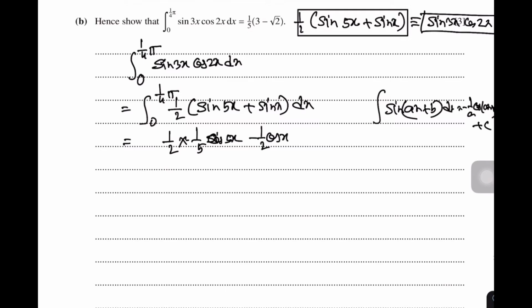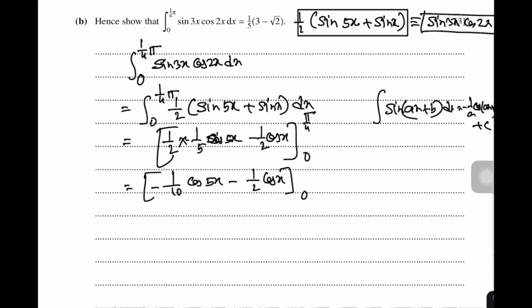I am multiplying by half also, and then there will be the limits 0 to pi by 4. So let me use here minus 1 by 10 cos 5x minus half cos x, from 0 to pi by 4. Let me use the limits, upper limit first of all.